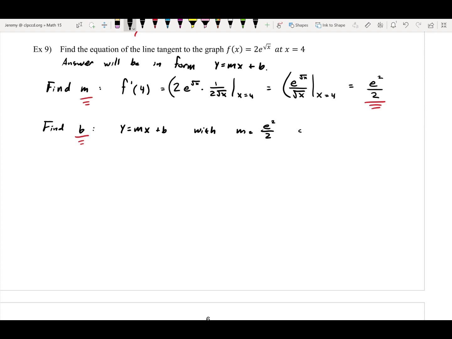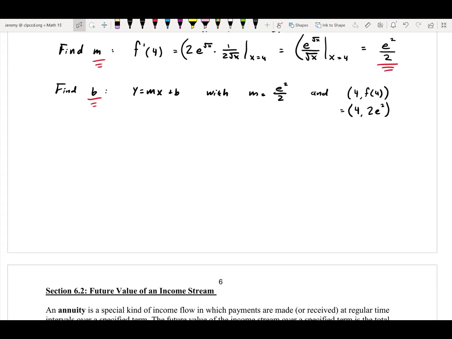And we have the ordered pair for f of 4, so I'm going to want to find what is f of 4. That'll be 2e to the square root of 4, so 2e squared. All right, so I'm going to do a little bit of arithmetic in terms of e here. So we'll just be careful.